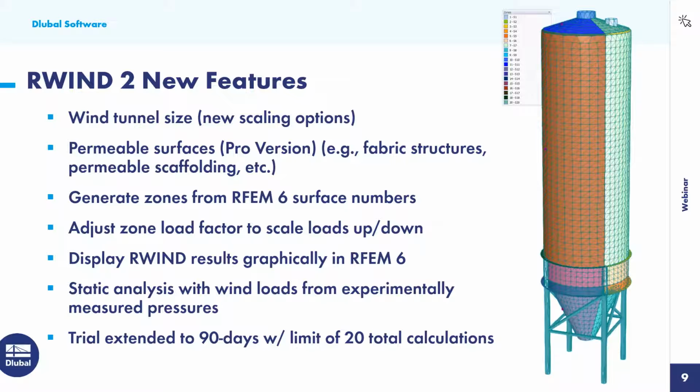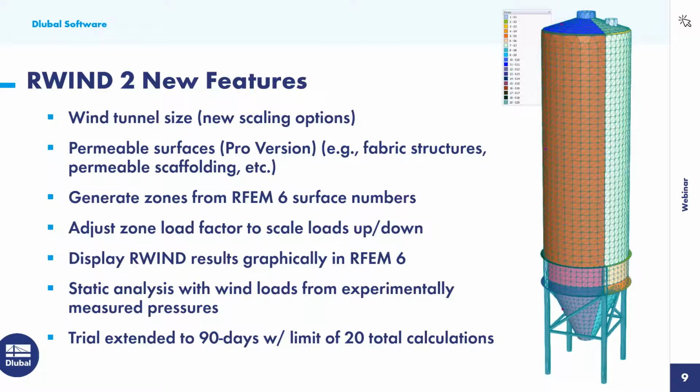And for this, we have two interpolation methods, including diffusion and Gaussian. And ultimately, this allows us to compare the experimental data with the RWIND results. We can also take this a step further and use the experimental data in the static analysis if we prefer to not use the RWIND. Again, we'll cover this at the end of our example today.